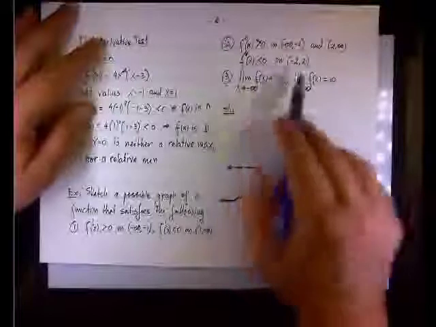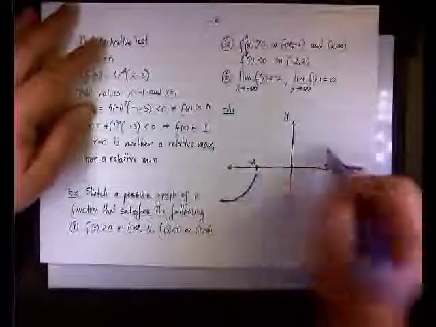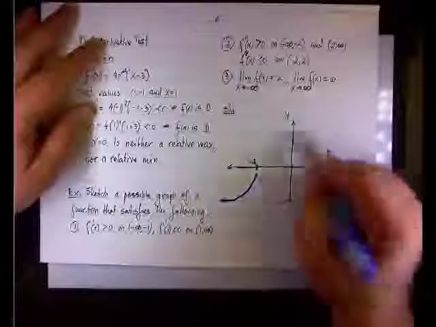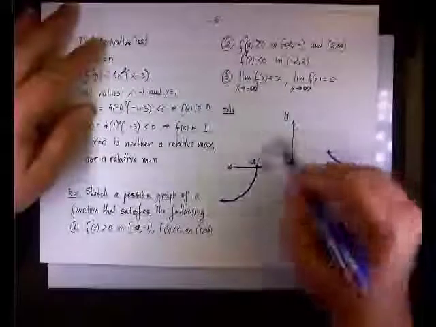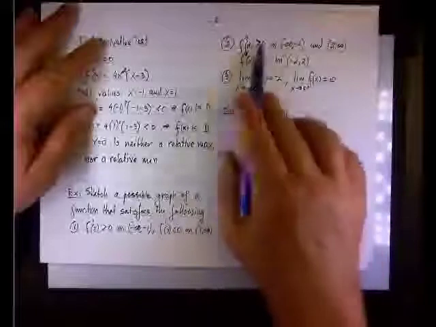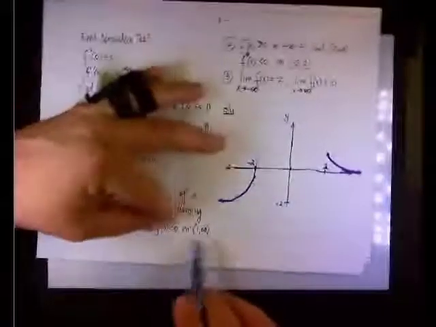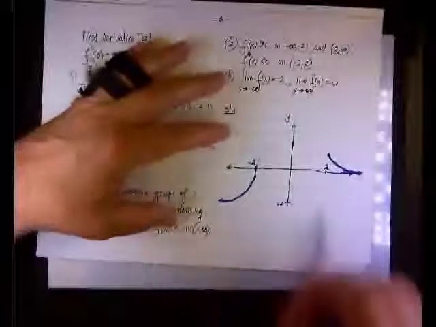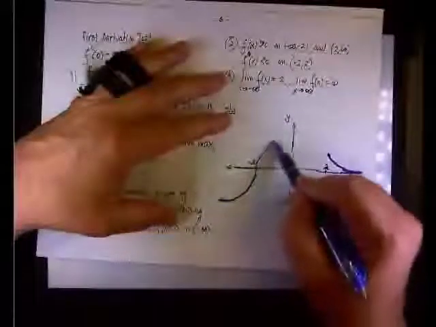Also, I'm looking here at concave down from negative 2 to 2. So in other words, here I have something like this. But remember, the first derivative tells me that from 1 on, the function is decreasing.